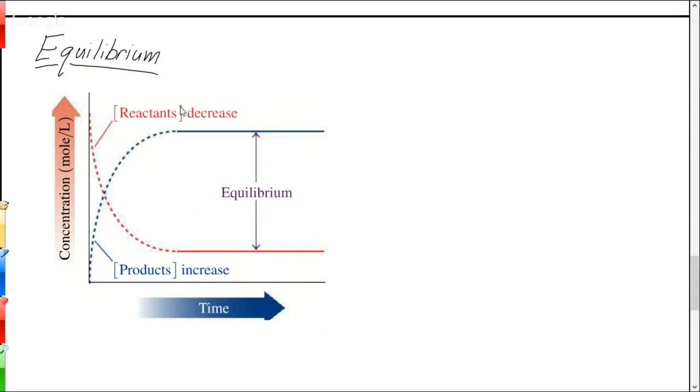So the point at which there is no longer any change in products or reactants.